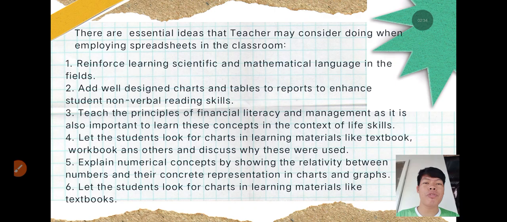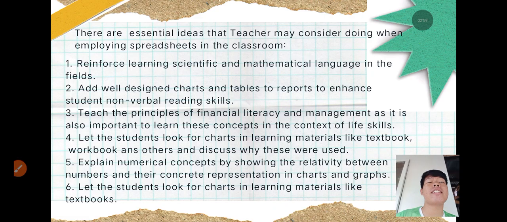And number four is to let the students look for charts in learning materials like textbooks, workbooks, and others, and discuss why these were used. So we have to introduce these things in order for our students to learn, and the teacher should discuss this textbook and workbook.